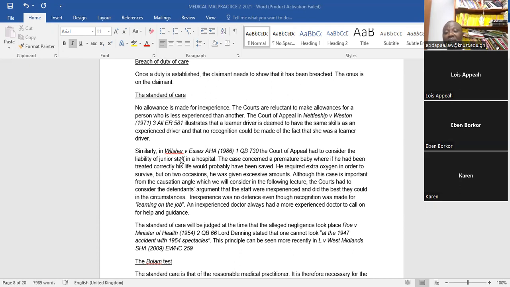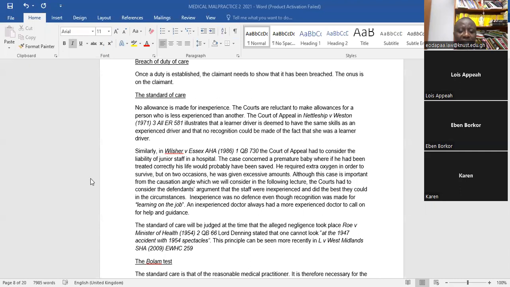And in fact, if you look at the decision in Re against West Midlands Health Authority, you notice that the court actually followed the same approach by Denning, that you cannot use the new standard to judge that which occurred before the new standard came into being.